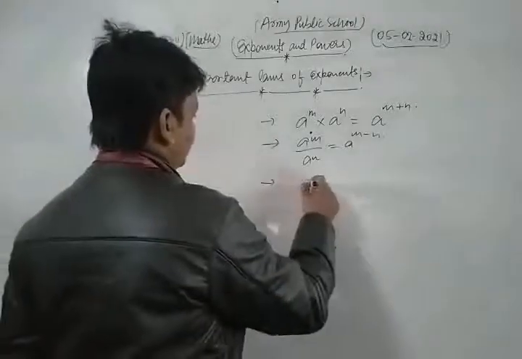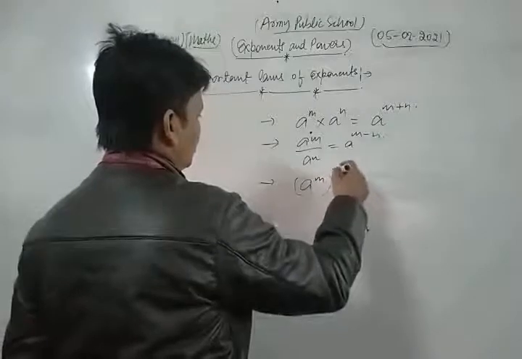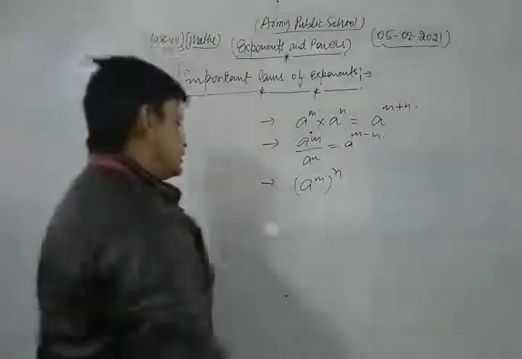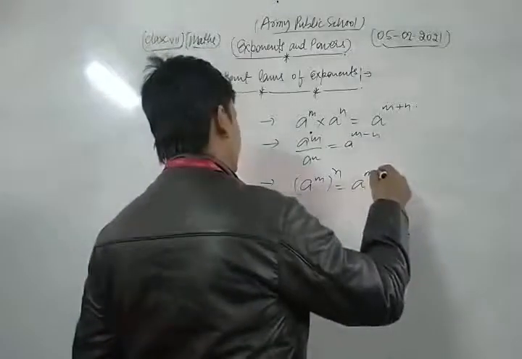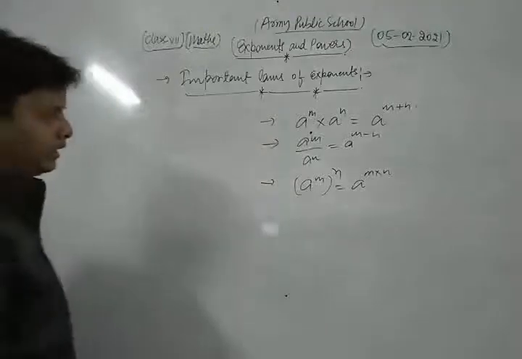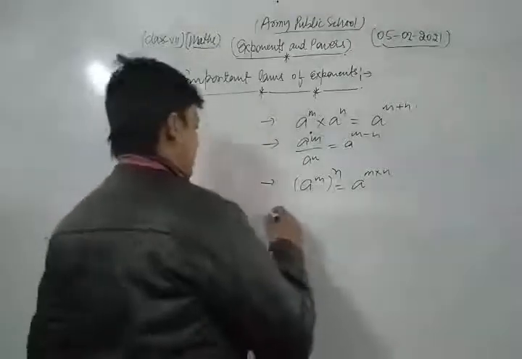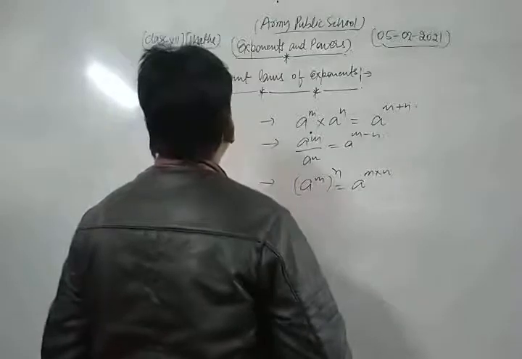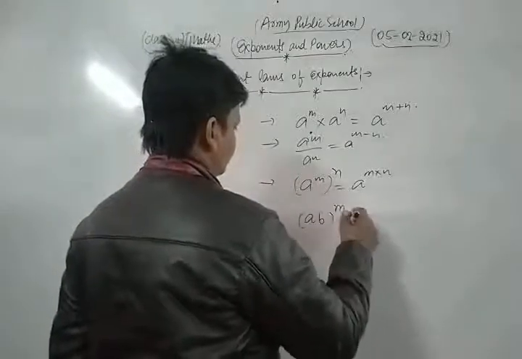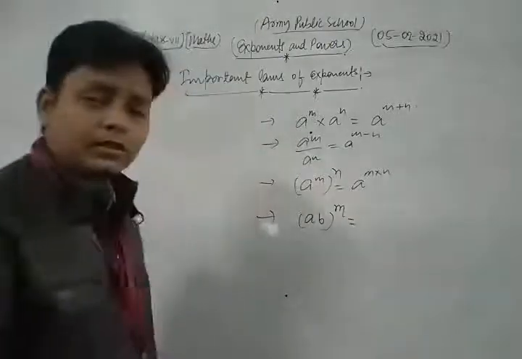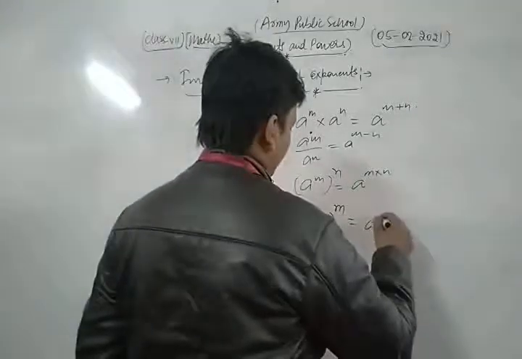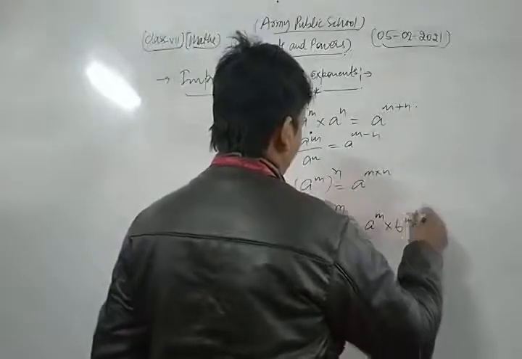The next one: if we have a to the power m to the whole power n, then dear friends, we write it as a to the power m into n. And the next one: if we have ab to the whole power m, then in that condition we write it as a to the power m into b to the power m.